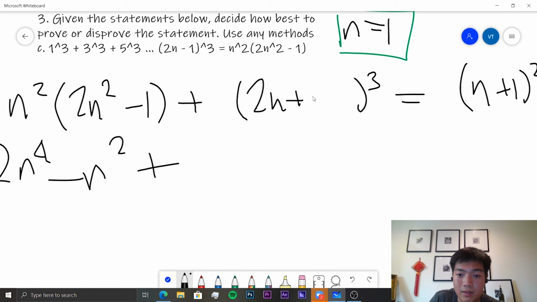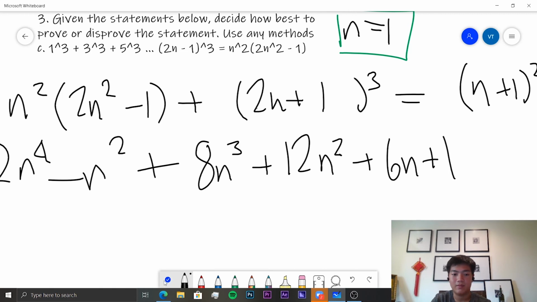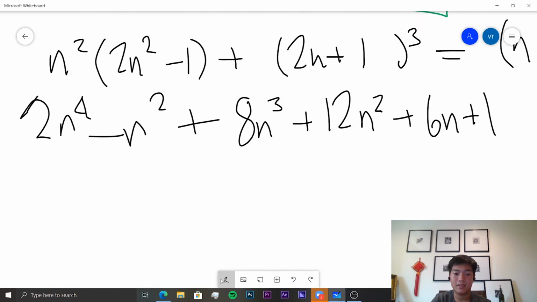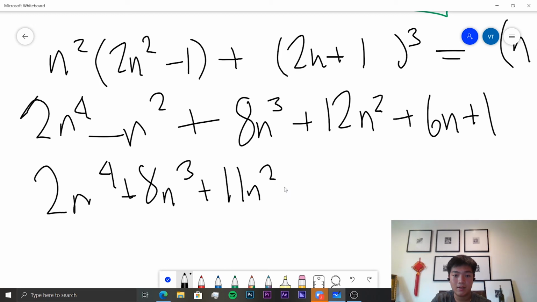So this will be equal to 8n cubed plus 12n squared plus 6n plus 1, I believe. So we can combine this all together. So we get 2n to the 4 plus 8n cubed plus 11n squared plus 6n plus 1.